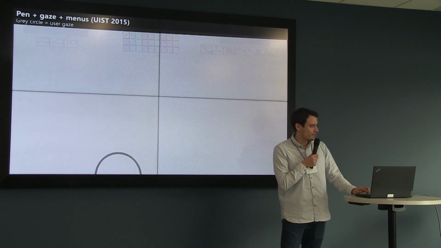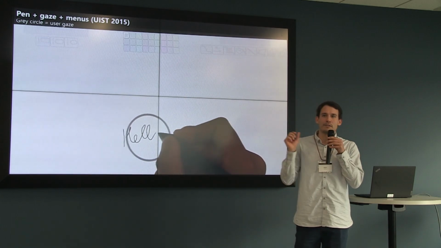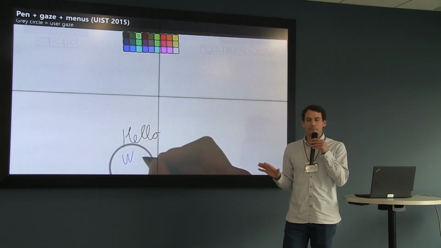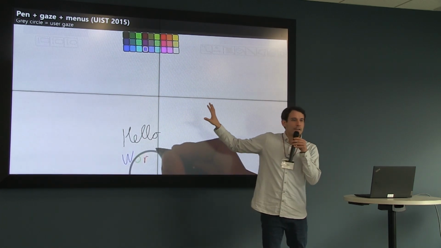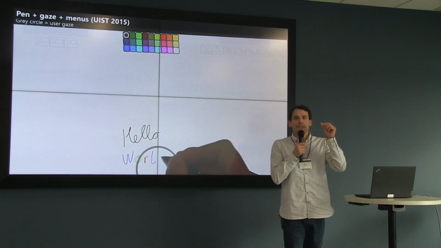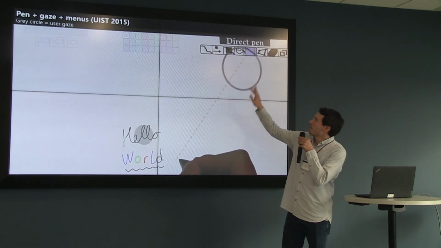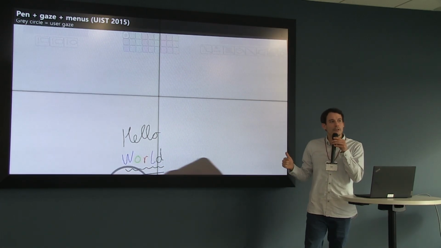For example, with a stylus, where normally as a designer you just want to draw in the main area of the canvas. So when I'm looking anywhere in the interface, I can just draw normally with my stylus. But if I look up to a menu, the stylus becomes an indirect input control.